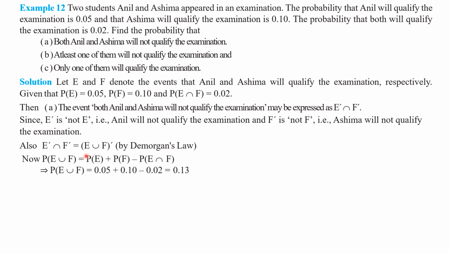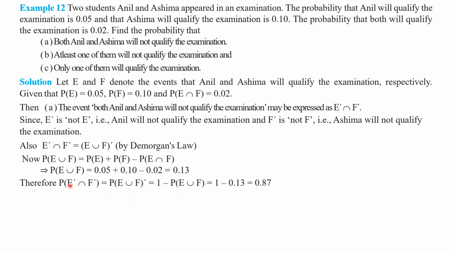But we should find E union F whole dash. Therefore, P of E dash intersection F dash is equal to P of E union F whole dash. That is equal to 1 minus P of E union F. Yes or no, my children? That is equal to 1 minus 0.13. That is equal to 0.87.